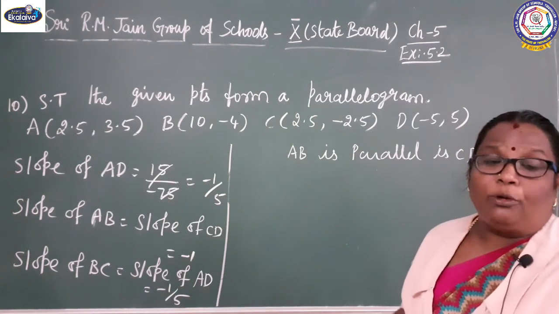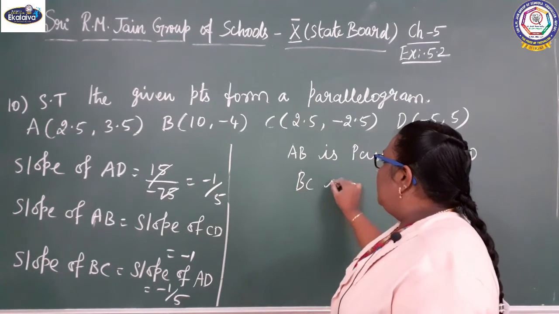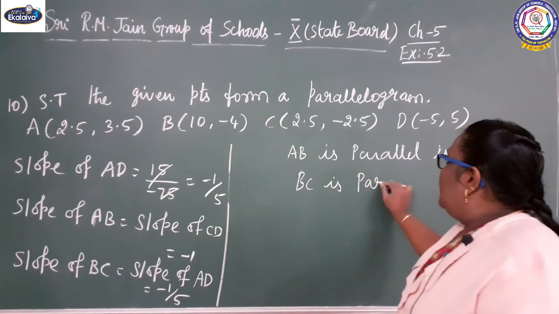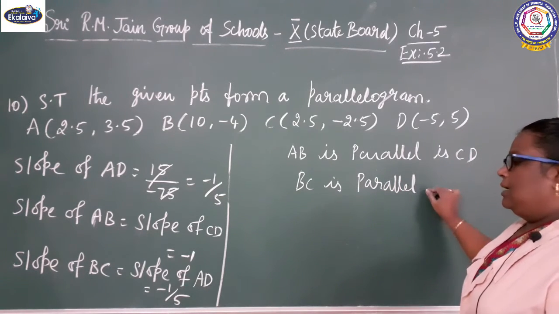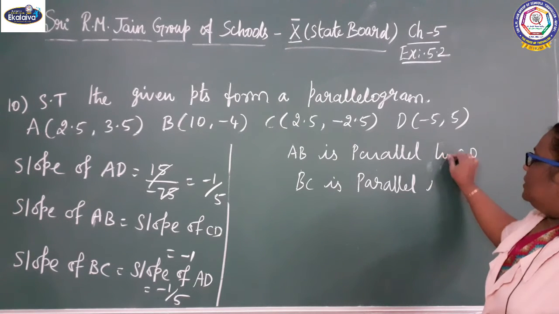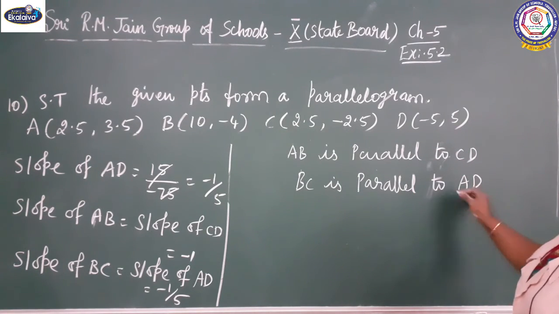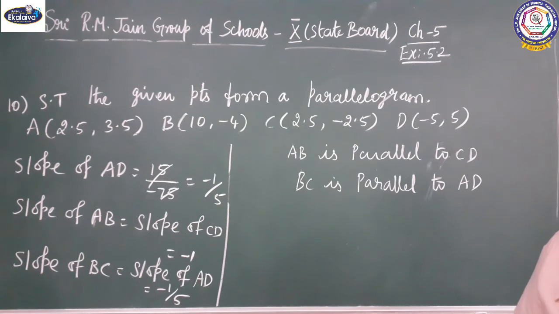So M1 equals M2 means it is nothing but parallel. The same way BC is parallel to AD.